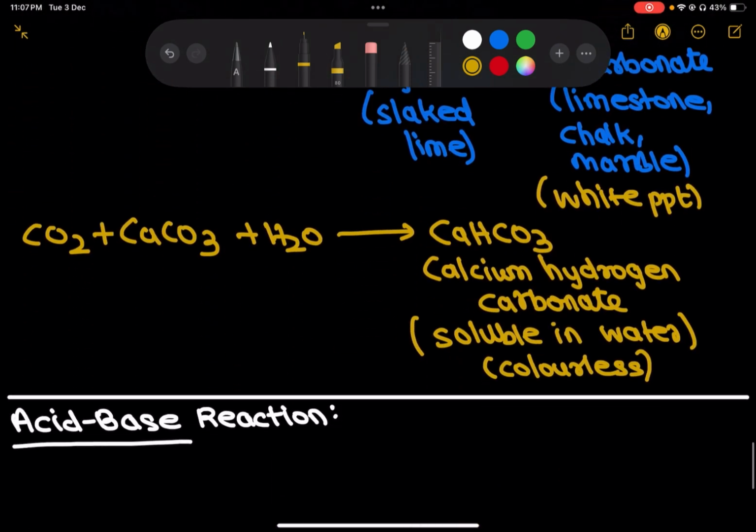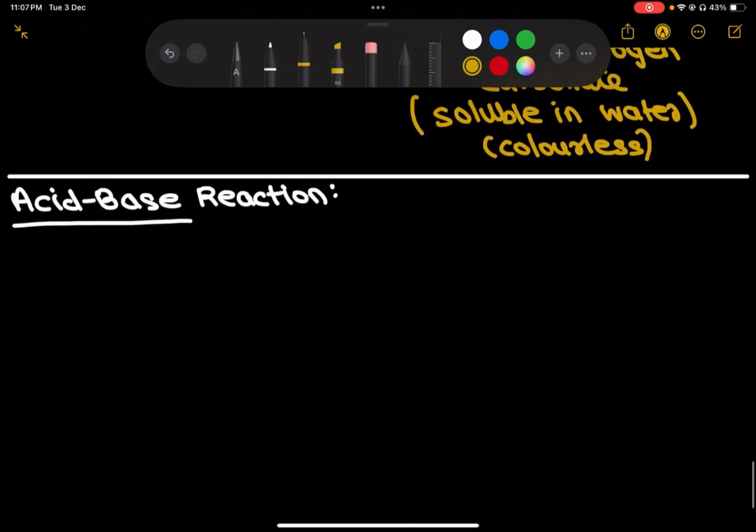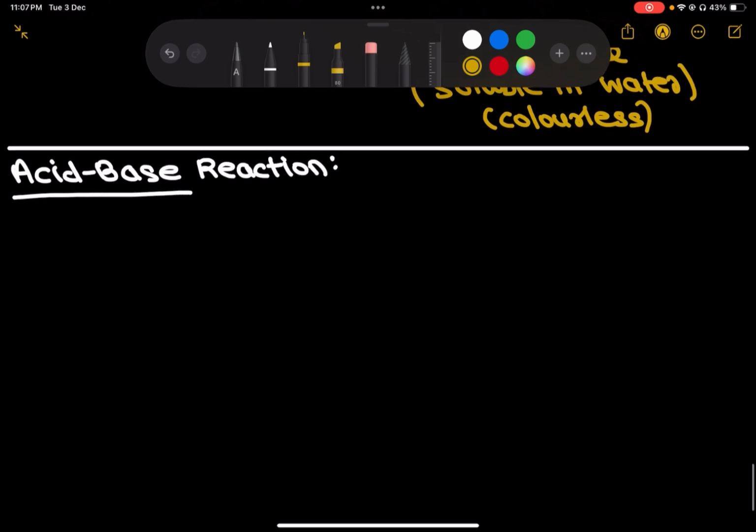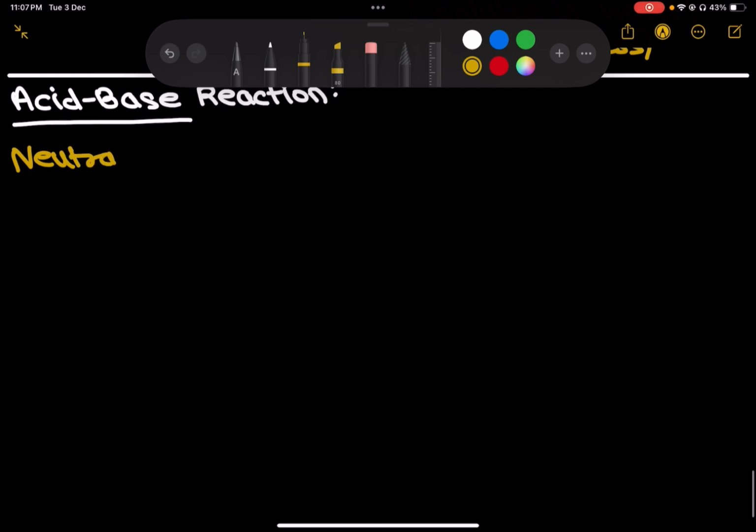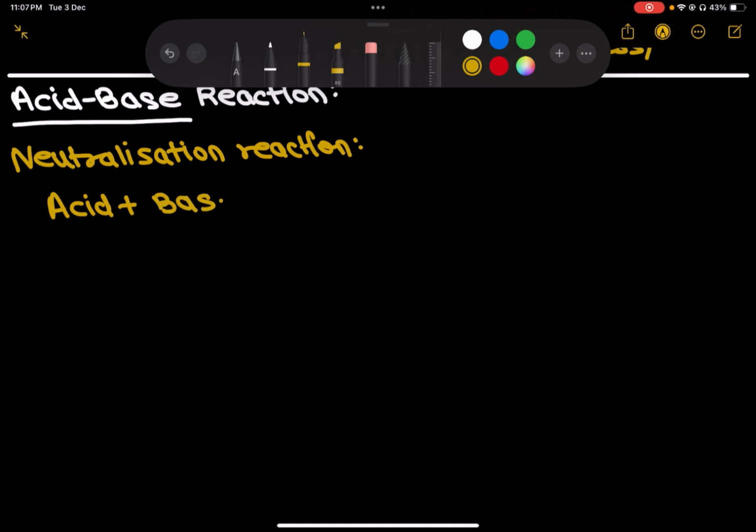Now we'll move on to the last reaction, which is the acid-base reaction. As you might have understood from the name, it basically means the reaction of an acid with a base. This reaction is also known as a neutralization reaction. The general formula is acid plus base produces salt plus water, H2O.